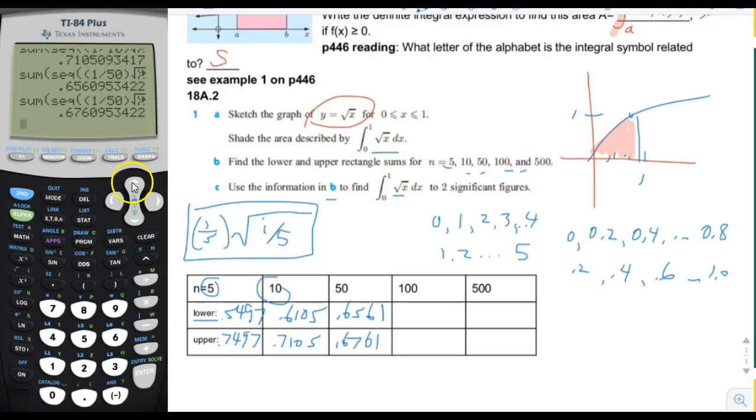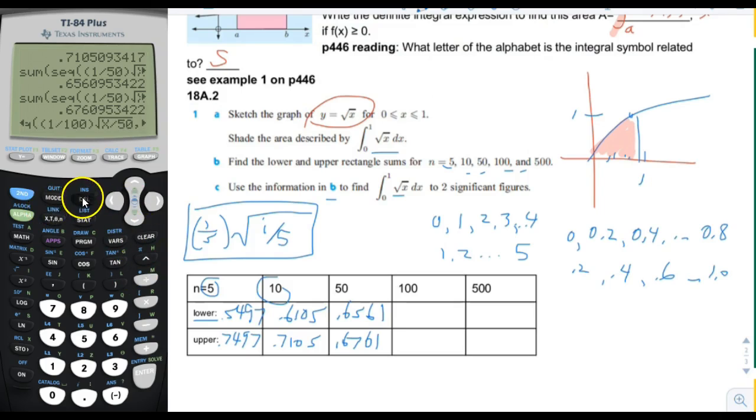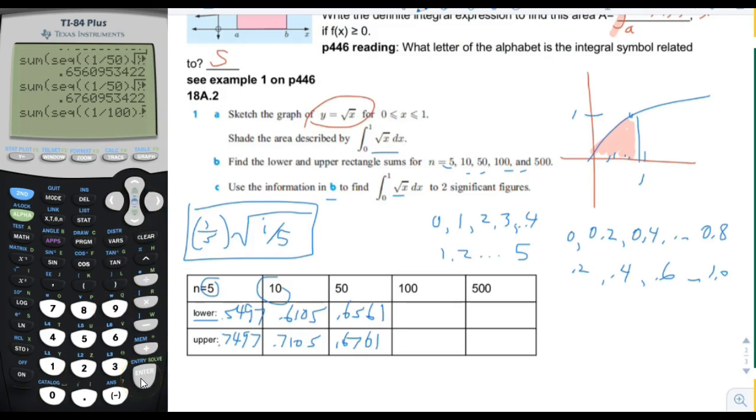And then we're going to do the 100. Width. And this will also be, and we're going to count from 0 to 99, the lower. 0.6615.